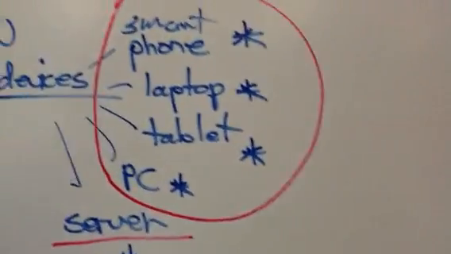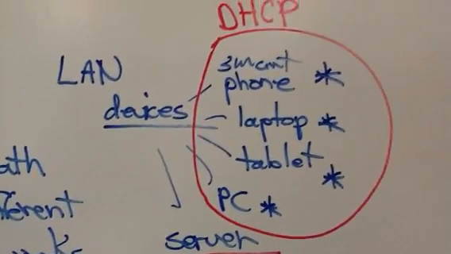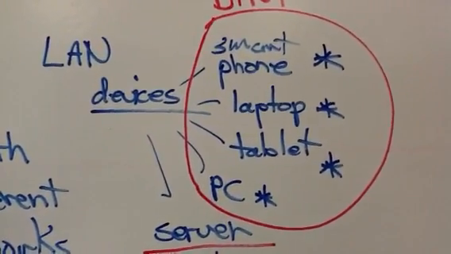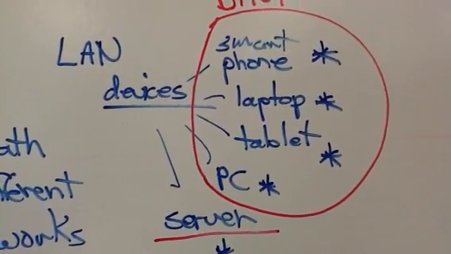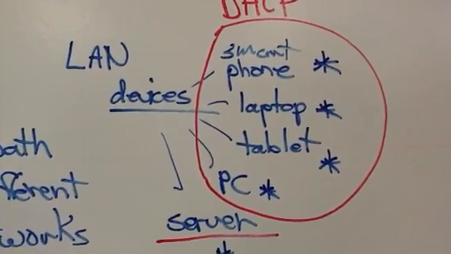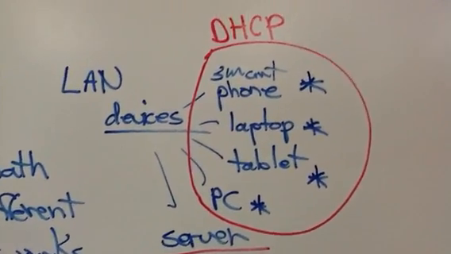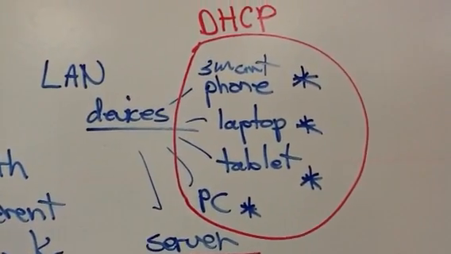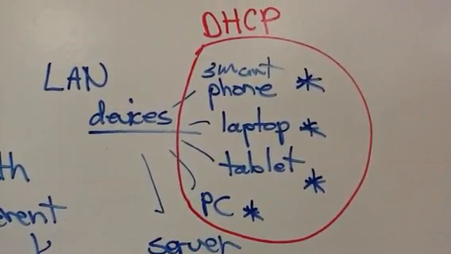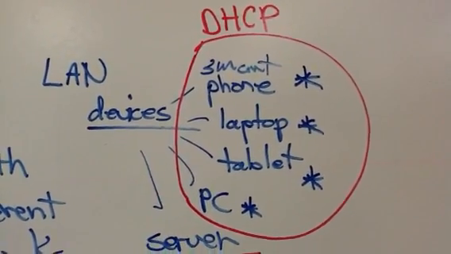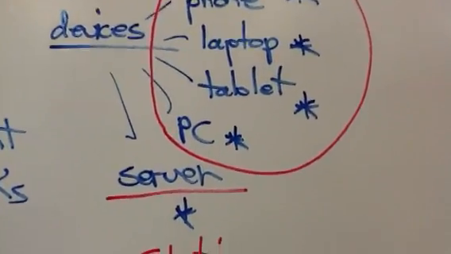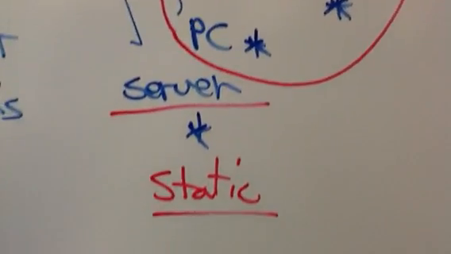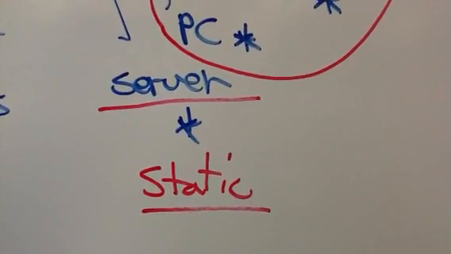We talked about then a LAN and the devices on a LAN: smartphones, laptops, tablets, PCs, and then servers. And we distinguished here the difference between devices that typically get addresses using Dynamic Host Configuration Protocol, DHCP, or devices getting addresses, like a server, using a static method of assigning the addresses.